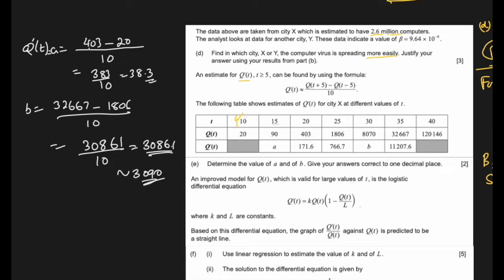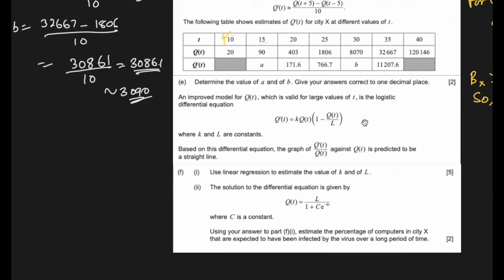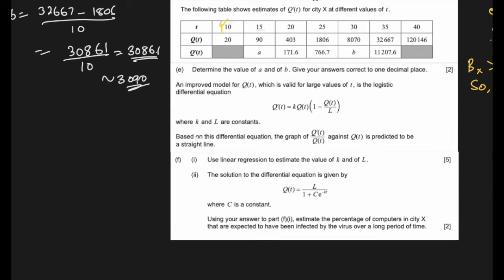Okay. An improved model for Q(t), which is valid for large values of t, is the logistic differential equation, which is this. Where k and l are constants. Based on the differential equation, Q'/Q against Q(t) is predicted to be a straight line.